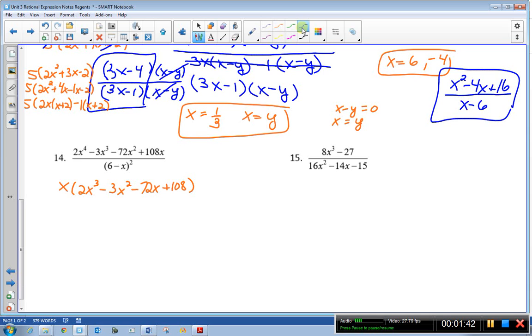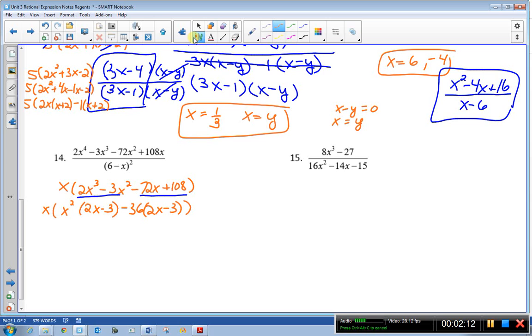And then if I group those, I get x and then 2x, and if I factor 2x out of x squared, I'm left with 2x minus 3, and if I factor out a negative 36, I'm left with 2x minus 3.